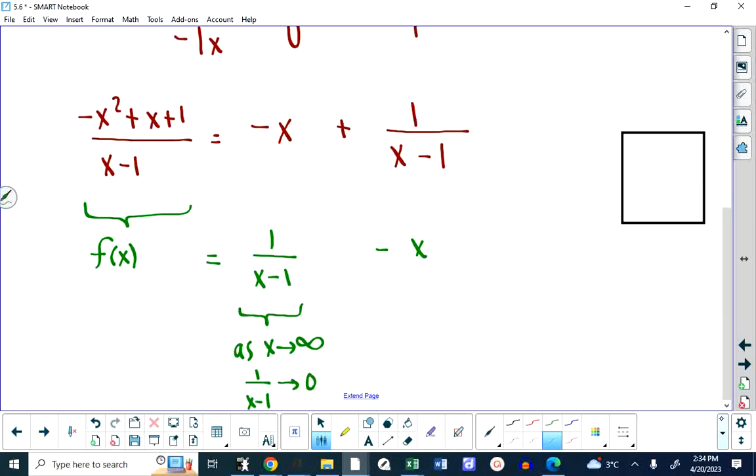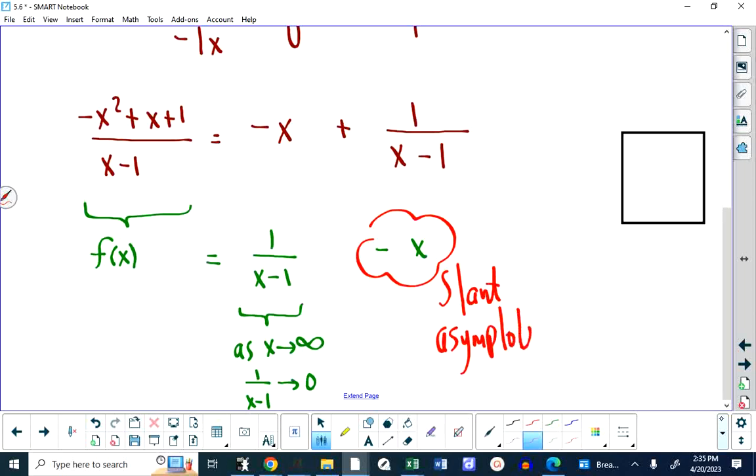That's just the way it's presented. It's g of x plus h of x, where g of x approaches 0. And that means this is our slant asymptote of y equals negative x.